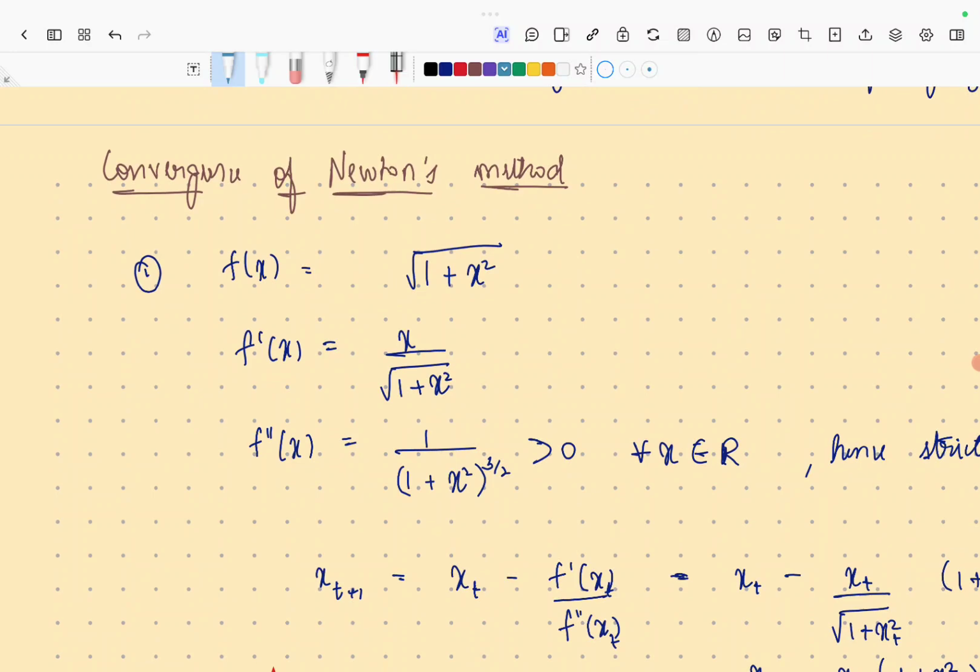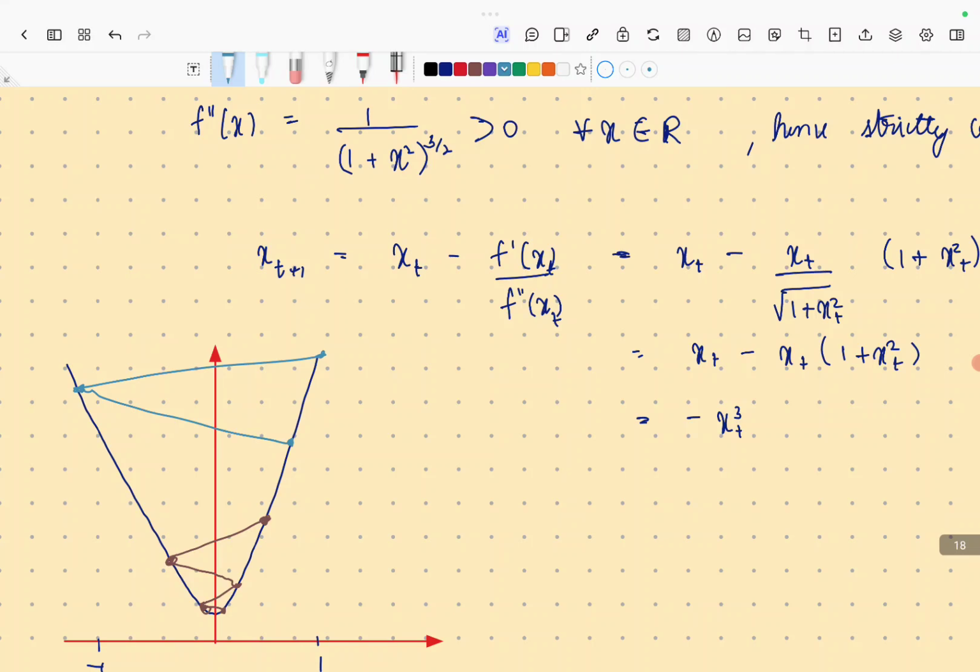So you have to be careful. Here it is the initial point, not the step size, since there's no step size in Newton's method. If the initial point x0 is too far away from the point of minimum, then Newton's method is not guaranteed to converge.